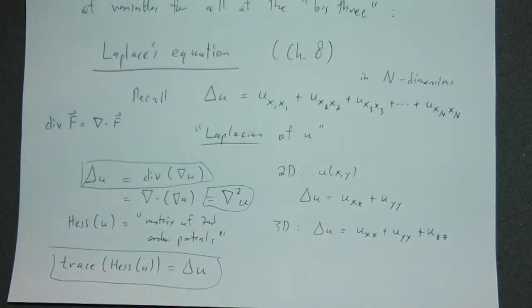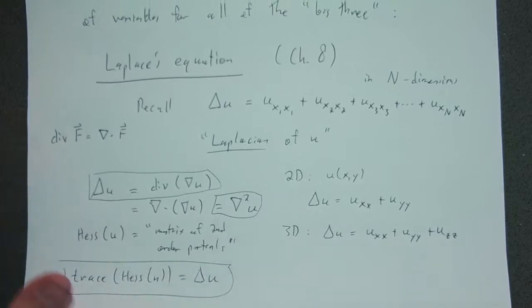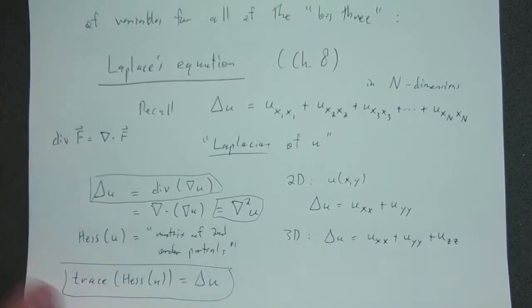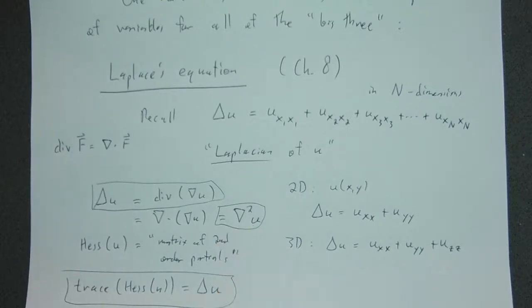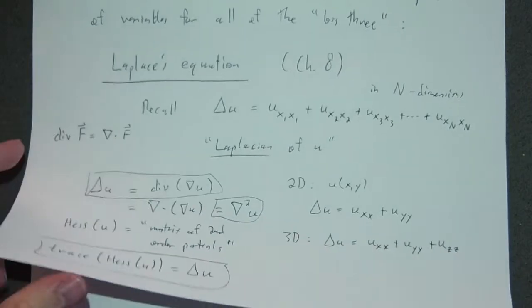But just know that if you open up a textbook or a paper that comes from a physical setting primarily, you might see this often. That's fine, doesn't matter. Okay, so this is my Laplacian of u. So then, what is Laplace's equation?